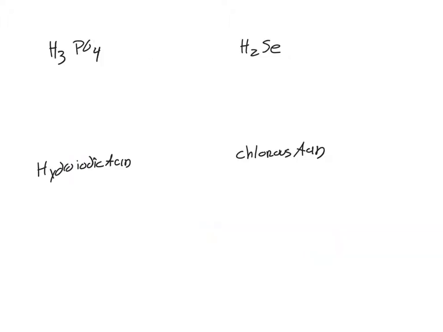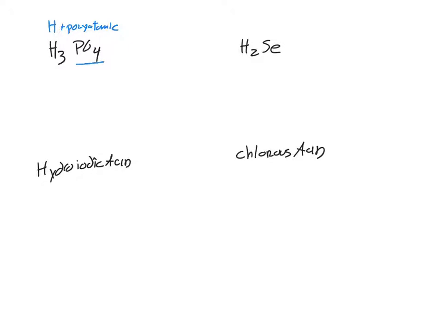Now, you don't have this slide, but you should have some room to be able to write these examples down with me, okay? So the first thing that I'm going to notice here is that this is hydrogen and a polyatomic ion acid. It's hydrogen and a polyatomic, which means that I don't use the prefix hydro. I have to go ahead and locate which polyatomic ion it is.